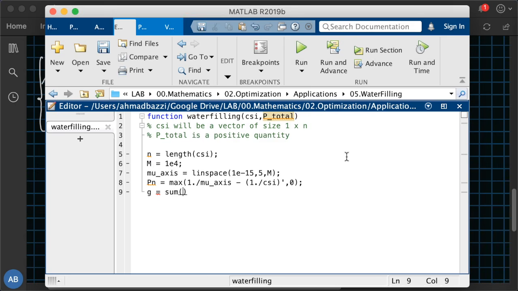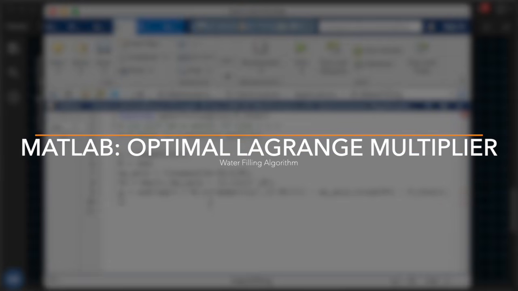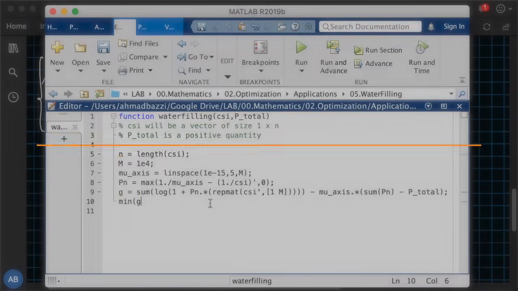So we've got a sum of logs of 1 plus pn times cn. Now cn, or the CSI, is not trivial, but let's do this. 1 by m. So this is the first term minus mu times the sum of pn minus p total.